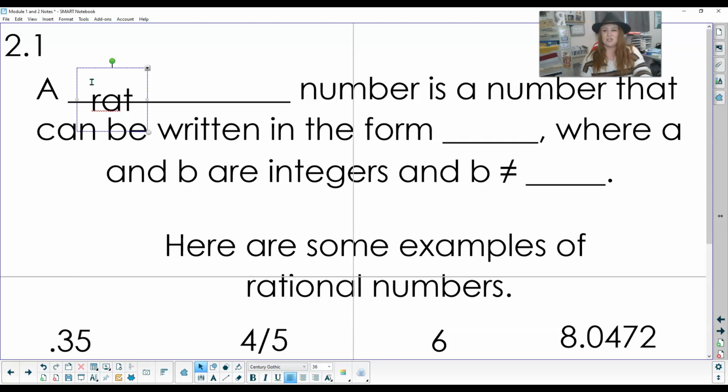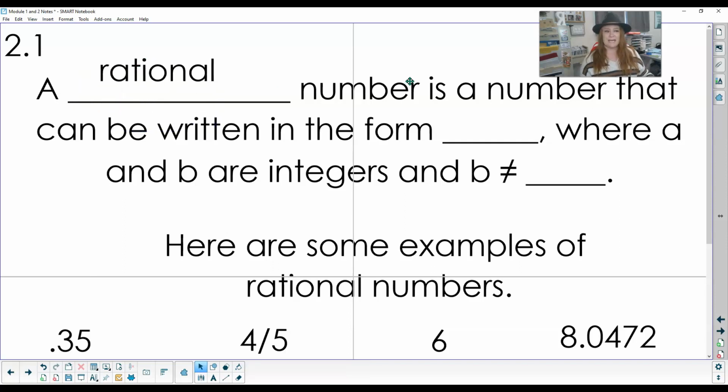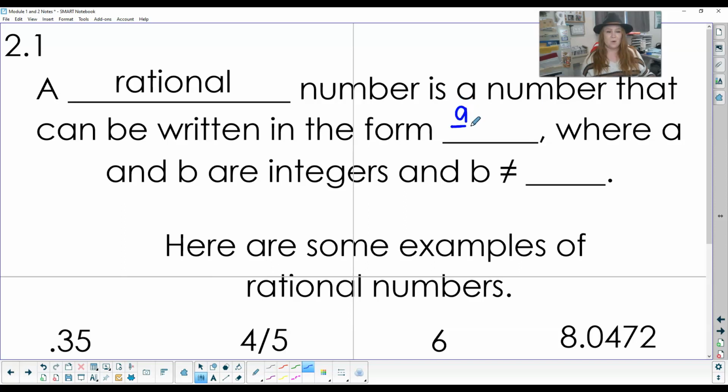So a rational number is any number that can be written in the form of A over B. So as a fraction, A over B, and A and B have to be integers.